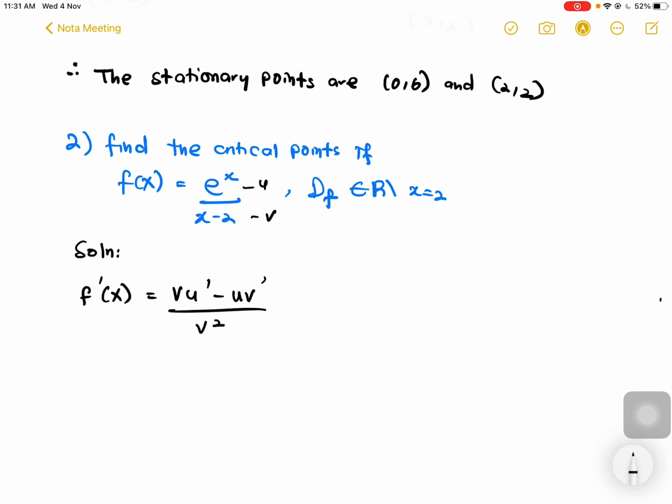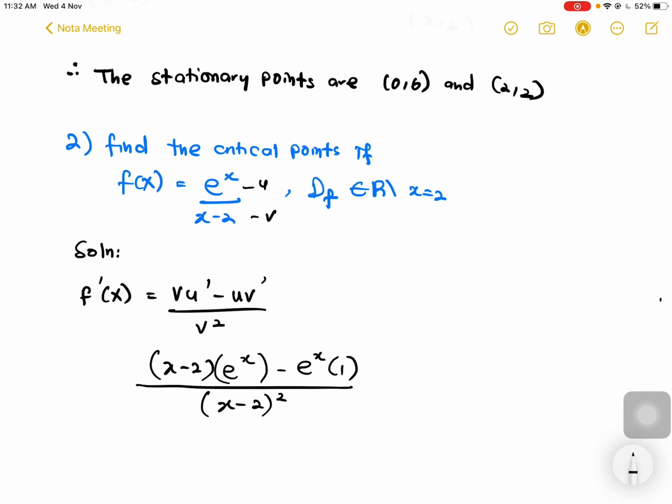So x minus 2 times u prime, which is e power of x, minus u e power of x, over x minus 2 power 2.